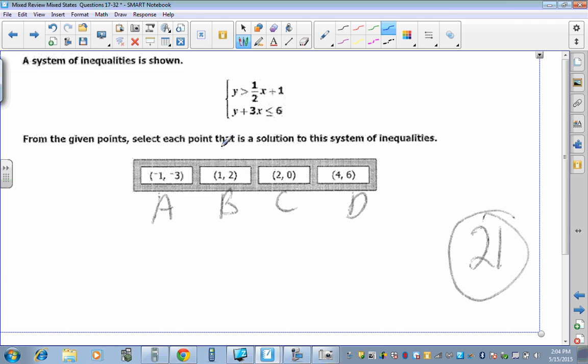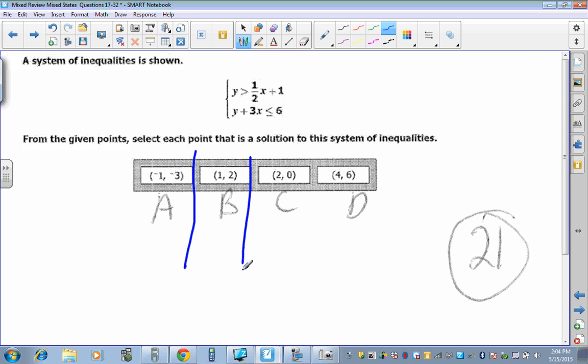Okay, we have a system of inequalities and they want to know which points are a solution. One of the things you could do is graph these. Another thing you could do is just try them out and see if they work. And remember, each ordered pair has to satisfy both inequalities in order to be a solution to the system.